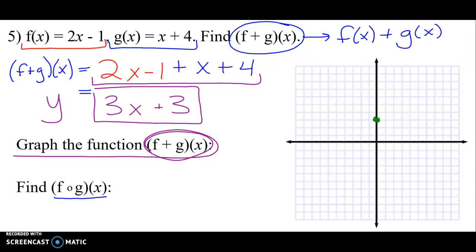And the slope, so this is y equals mx plus b. What's the slope? Here's your slope. It's also 3. So what does that mean? 3 over 1. So rise 3, run 1. You can go down 3, left 1. Do it as many times as you can. So that is f plus g of x.